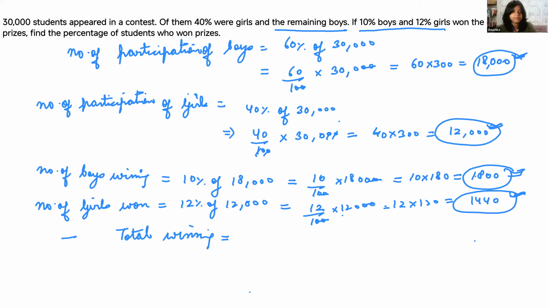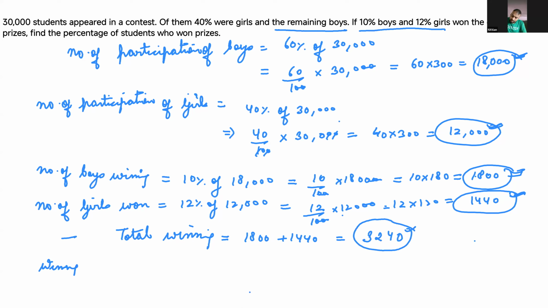That's right. Okay. The total winning, which will become 1800 plus 1440, which will become 3240. So it means that total winning is 3240. Okay. Now winning percentage you have to find.